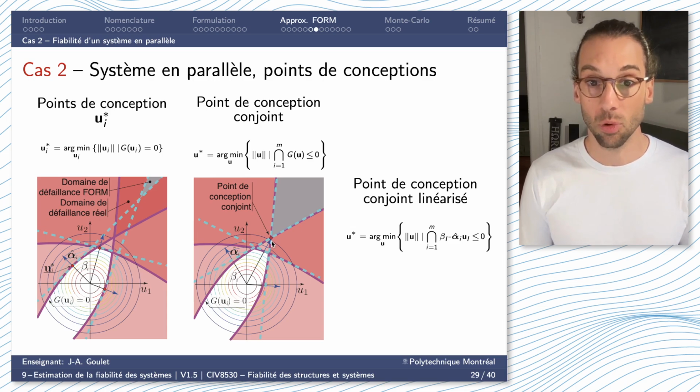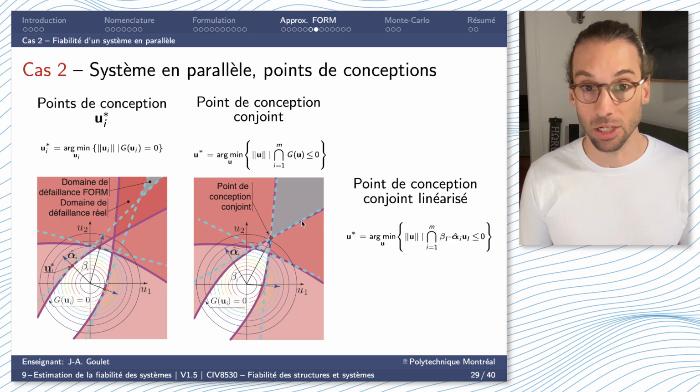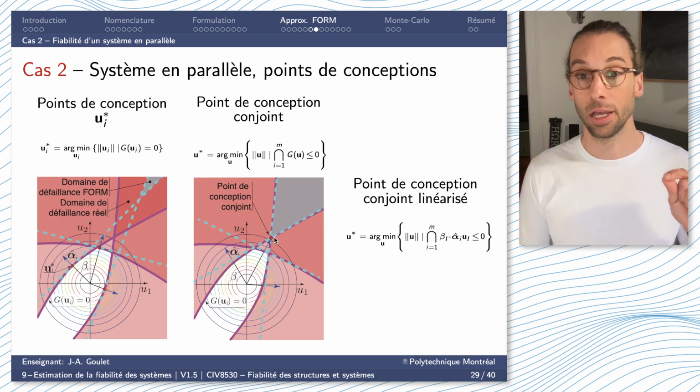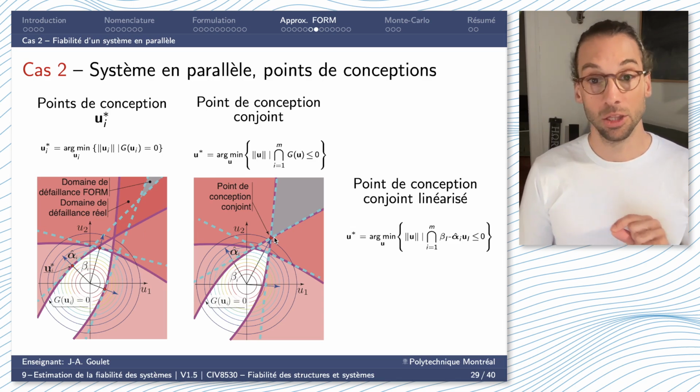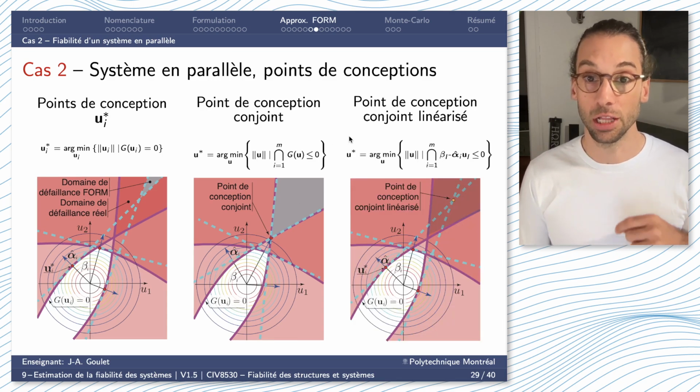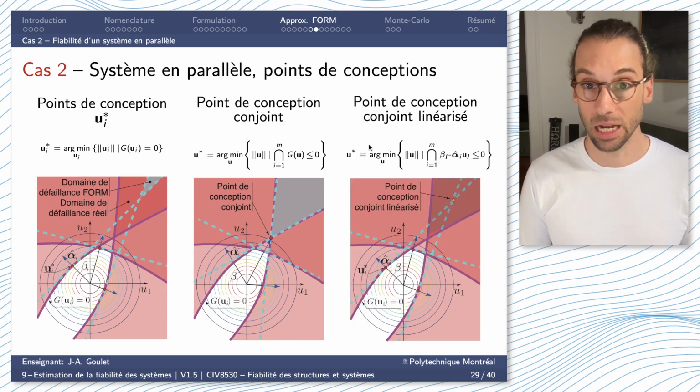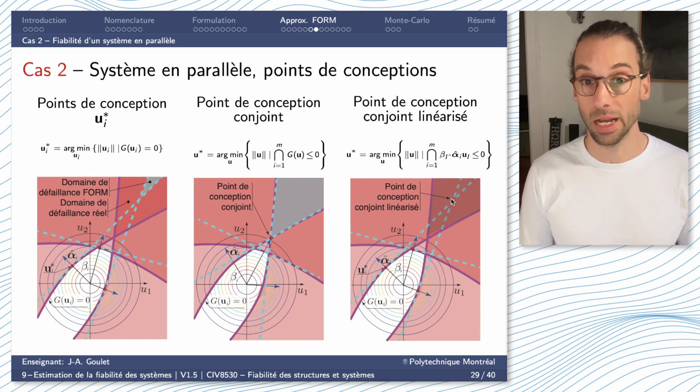That joint design point is going to be the one that makes the closest approximation of our joint failure domain for all of my components. The third option would be to use a linearized design point. So we're going to take the linearization of our limit state surface, find the intersection that falls in the joint failure domain, and use that same design point for all of our components.